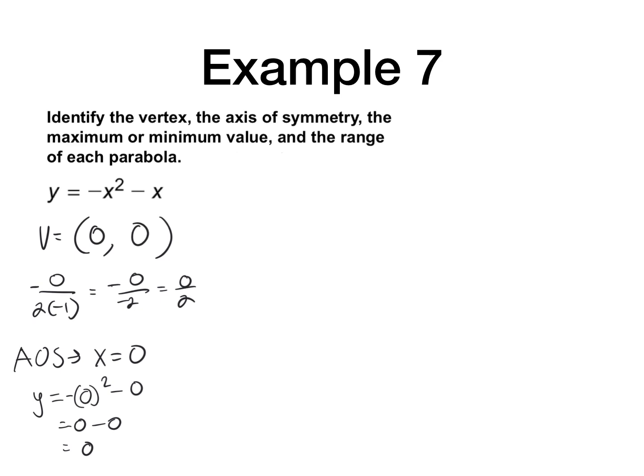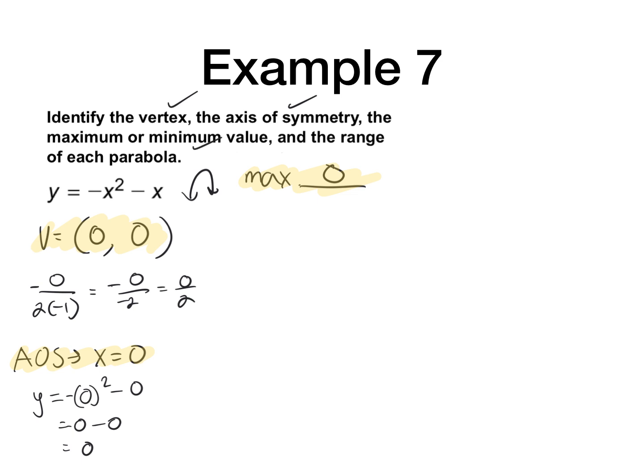So our vertex is 0, 0. We have the axis of symmetry, which is 0. Let me highlight them. So the vertex, the axis of symmetry. Now, it's a downwards looking parabola, so that means we have a maximum value. And the maximum value is going to be 0. That's the y value. So we have the maximum.